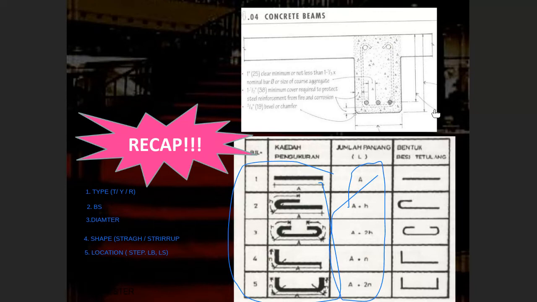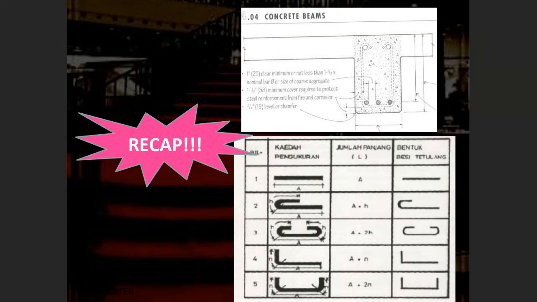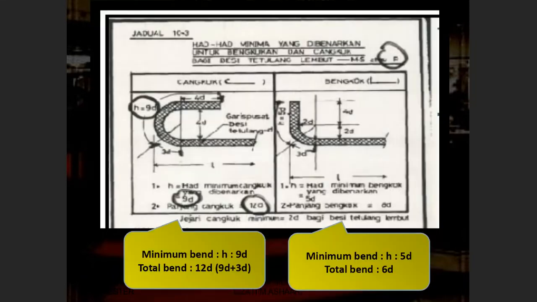This is A, and if you have a design like this, you have to measure A plus H. Then you may also have designs like number 3, number 4, and number 5, and so on. Sometimes this is given in the notes of the specification in any drawing. If not given, you can use this as the rule to identify how many H you have, how many bends, 1 bend, 2 bends, 3 bends, and so on.